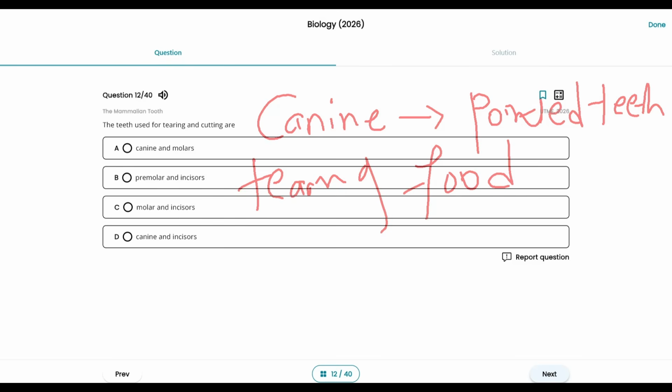A lion doesn't eat cooked food, so they eat fresh meat, and the only way they can do that is to use their canines to tear it. But we human beings, we use all our set of teeth.